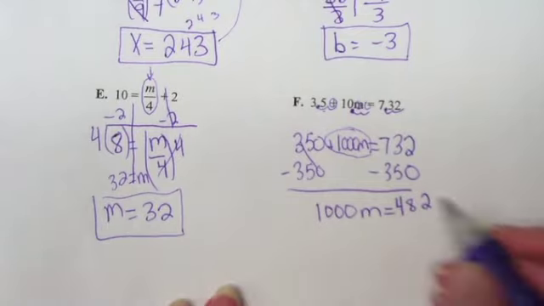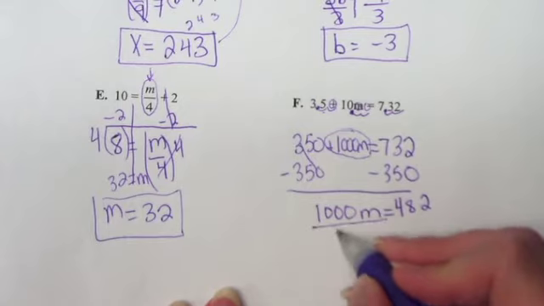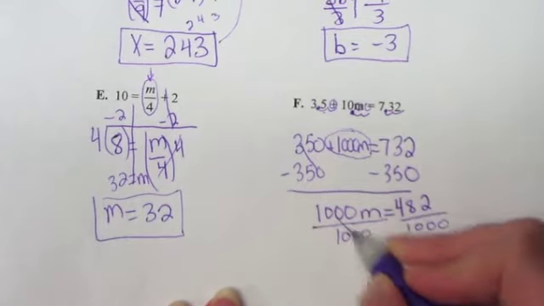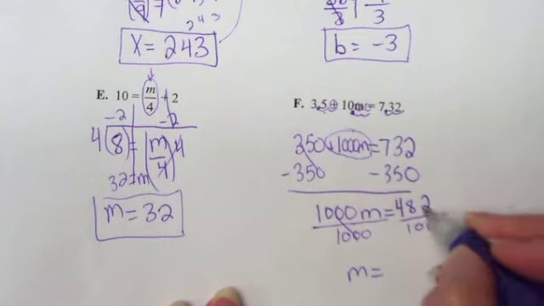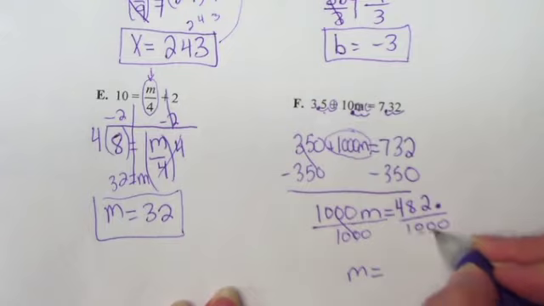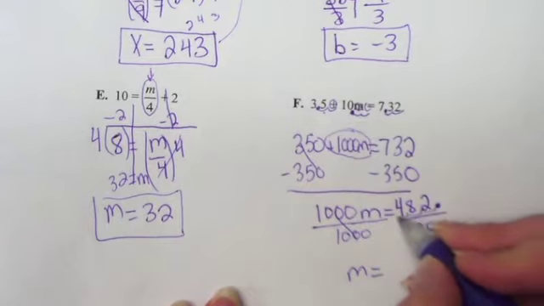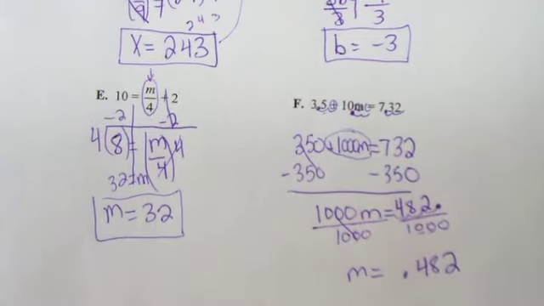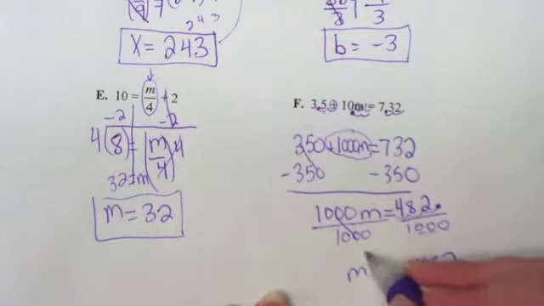And then we divide both sides by 1000. So we get m equals, and when you divide by 1000, I don't know if you knew this or not, you take this decimal, there's 3 places, and we move it back. 1, 2, 3. So we actually get 0.482. Okay, so there's our answer on that one.